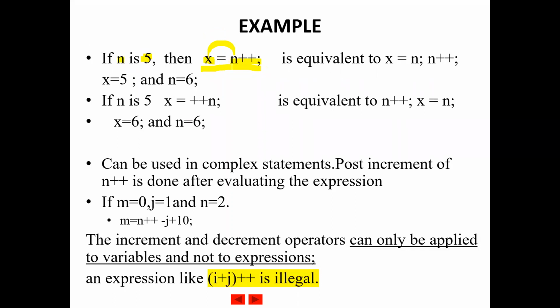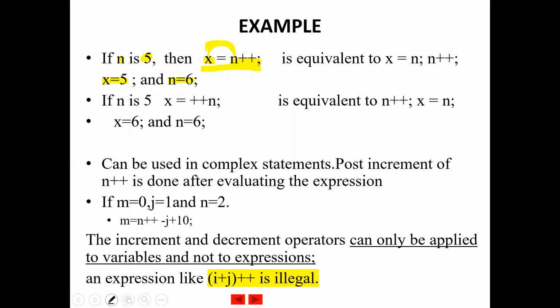First, the current value of n. What is the current value of n? It is 5, so x will be assigned the value 5. Then the value of n will be incremented, so the new value of n will be 6. If you print the value of x and n after this line, it will print x as 5 and n as 6, because first we assign and then we increment.